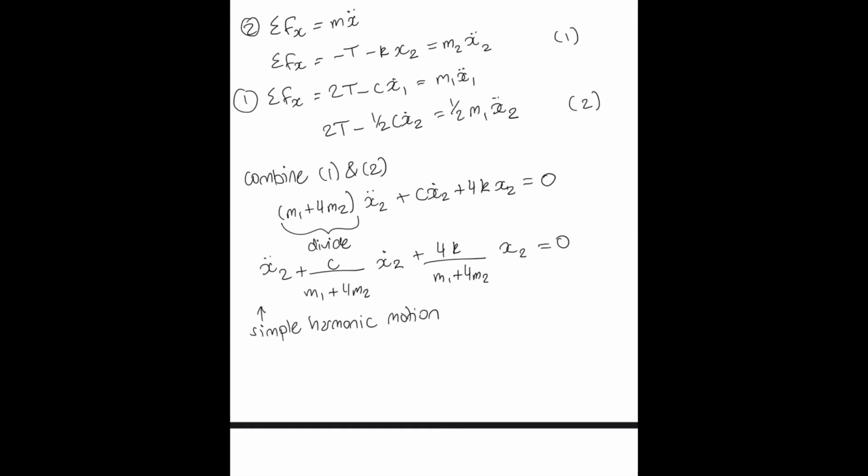This is our new equation. Now, this over here is equal to omega n squared. So we know how to get our natural circular frequency. We're just going to put it under the square root.